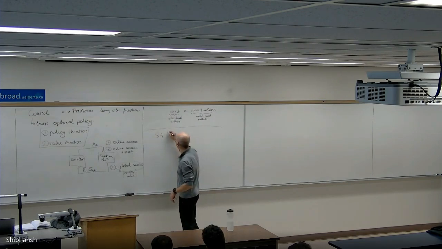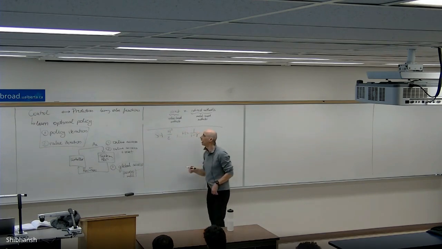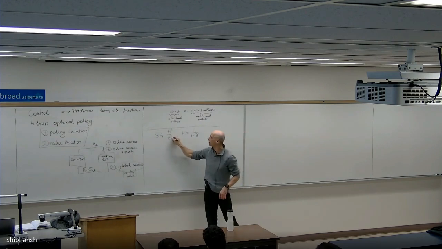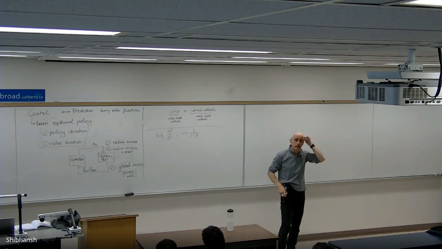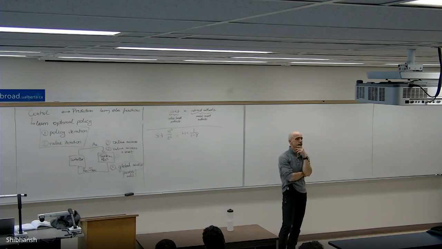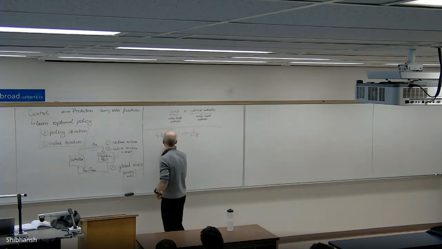And for each of them, it has to sample H cubed over epsilon squared samples, where H is this effective horizon if you're in the discounted setting. Maybe there's some constant factor that I'm just ignoring there for simplicity. So we can see that this scales linearly with the number of states and actions. It scales cubically with the horizon, and inversely quadratically with the precision. So epsilon was the target accuracy.